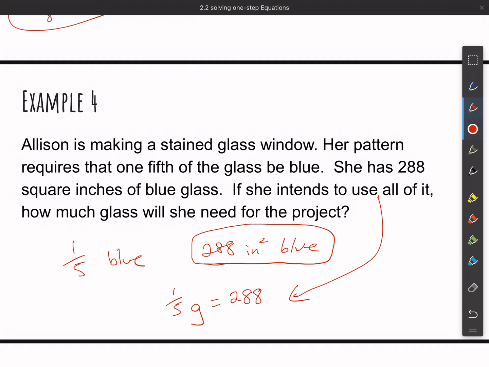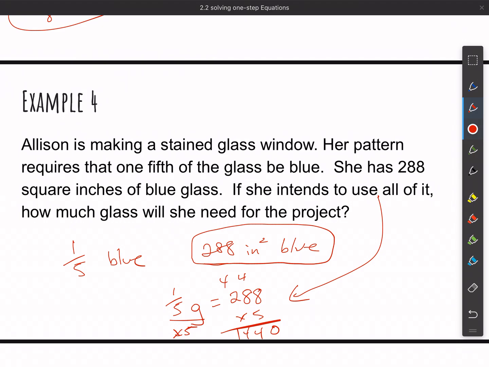Then you should be able to solve this easily. What's happening between the 1/5 and the G? It's multiplying, right? So I need to divide both sides by 1/5, or that's the same thing as multiplying by 5. If I multiply both sides by 5, let's just do this longhand: 5 times 8 is 40, carry the 4, that's 44, carry the 4, that's 10 plus 4, which is 14.